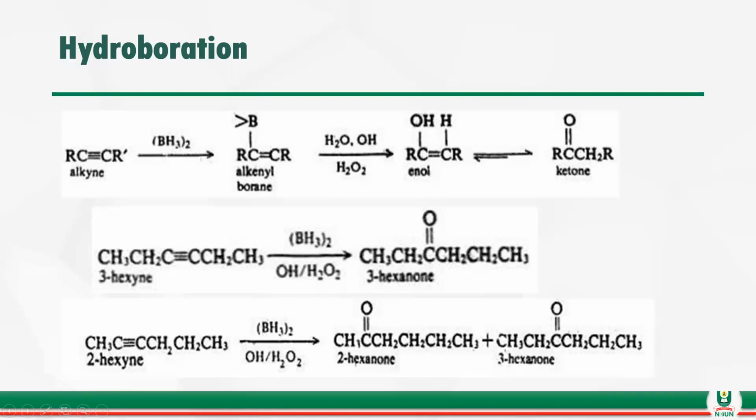So a typical example is this 3-hexyne. When you treat it with borane in the presence of water and hydrogen peroxide, you are going to end up with hexan-3-one or 3-hexanone.